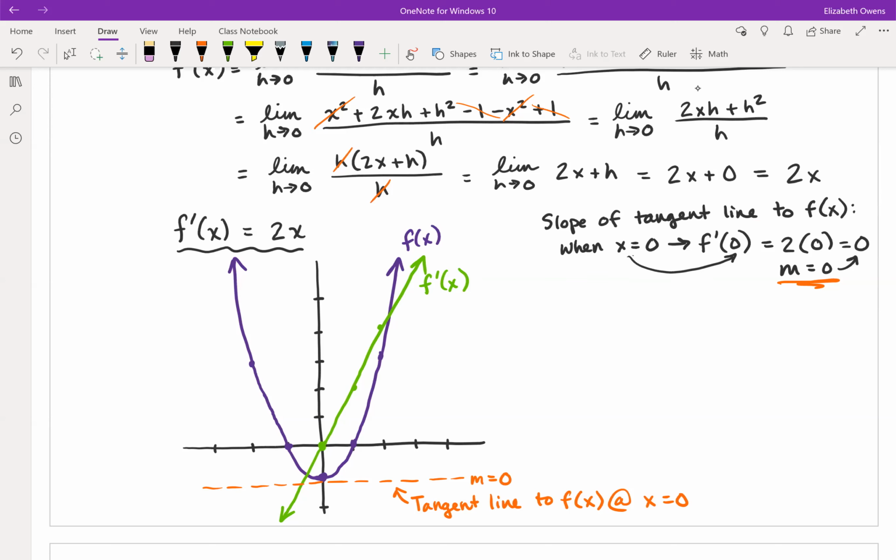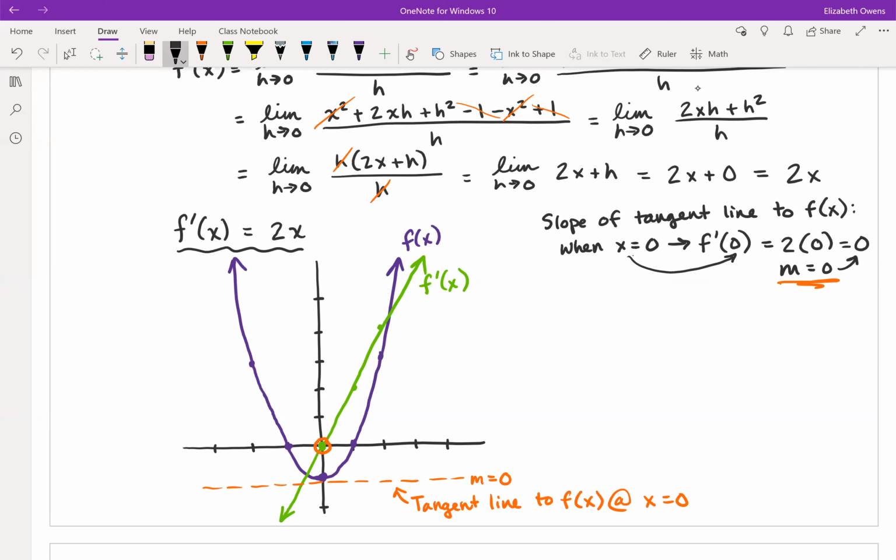We can see that value of the derivative function here as well. Here's the f prime function. When x equals 0, that's right here. And the value of that green derivative function is 0. So it all goes together.